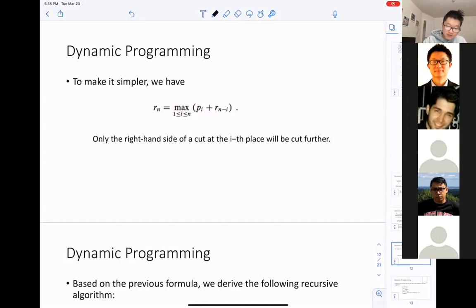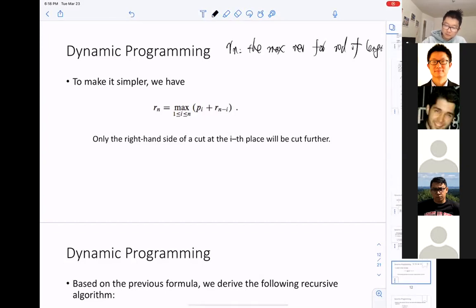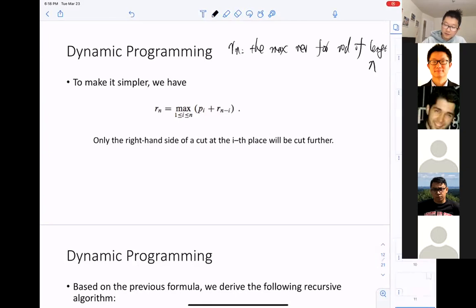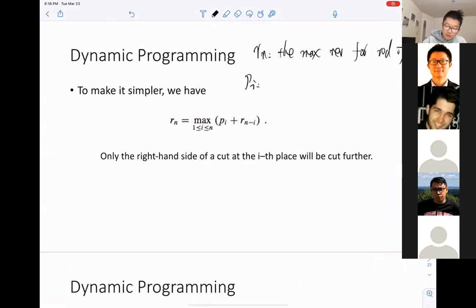Here, Rn stands for the maximum revenue for a rod of length n, and Pi stands for the price for a rod of length i. So Rn is the highest revenue for a rod of length n, whereas Pi is the price that we can get by selling a rod of length i inches.